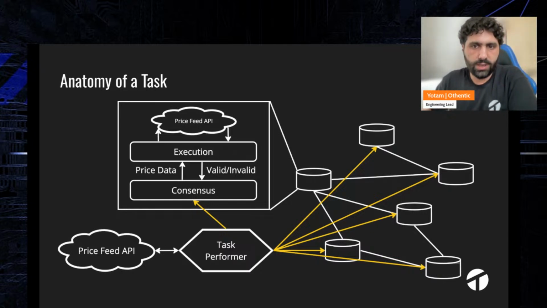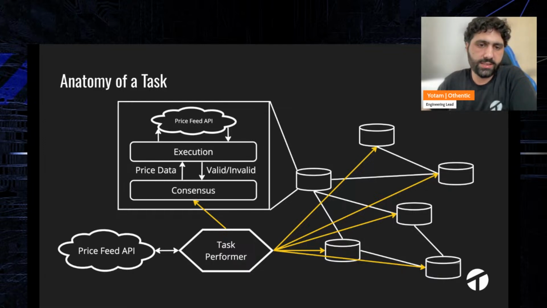Every node does this validation, and every node attests whether the price they see matches the price that the task performer reported. If it matches, then they attest truthfully to it, meaning that the task is valid. And if it doesn't match, then they attest to the task as being invalid.